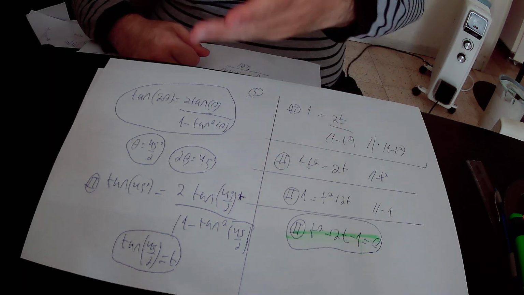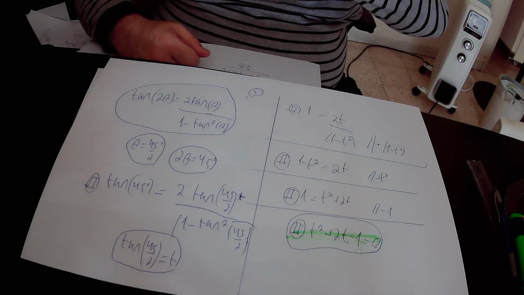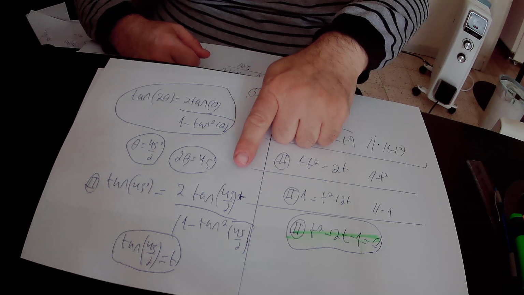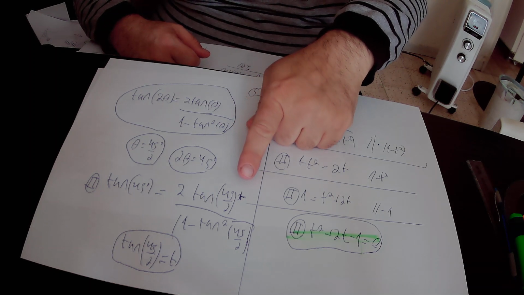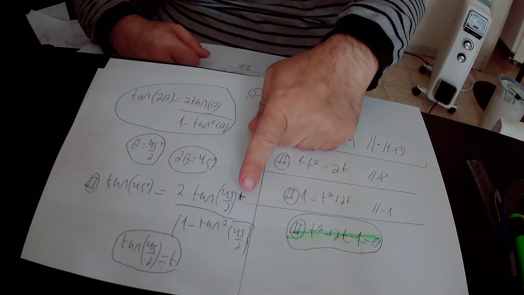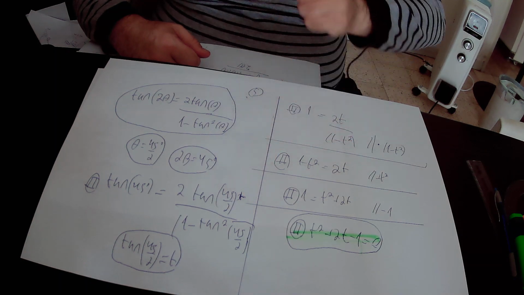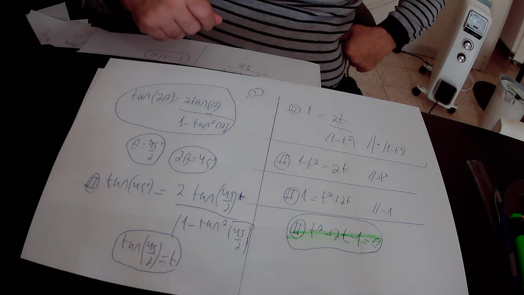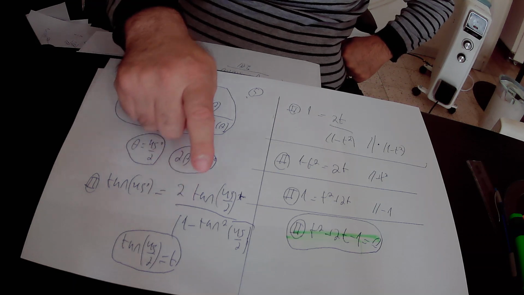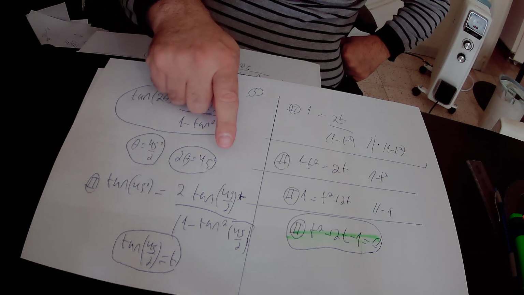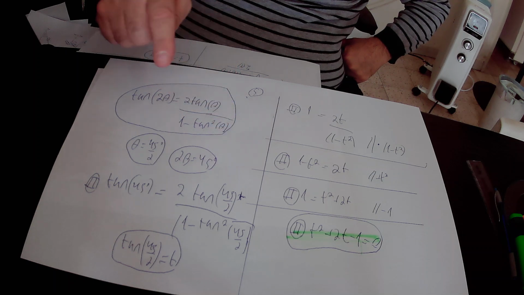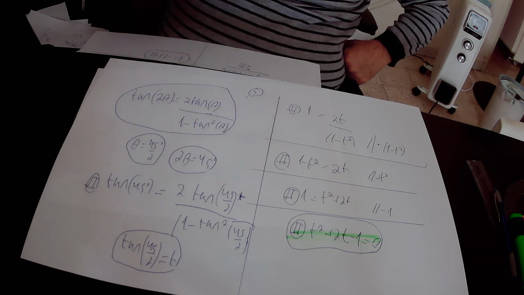So in conclusion, we found out that according to equation number 2, tangent 45 degrees equals 2 times tangent 45 over 2 degrees over 1 minus tangent square 45 over 2 degrees. Then we defined tangent 45 over 2 degrees as t, and we substituted it in equation number 2 by t.